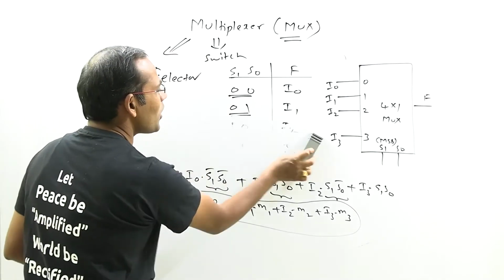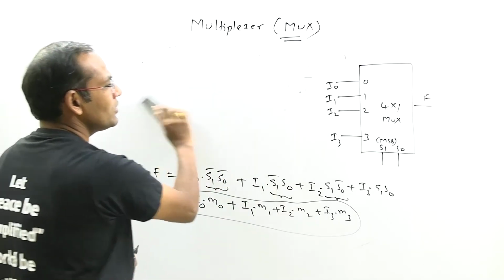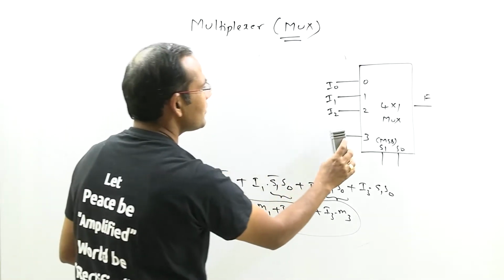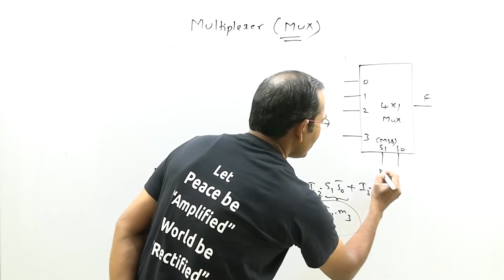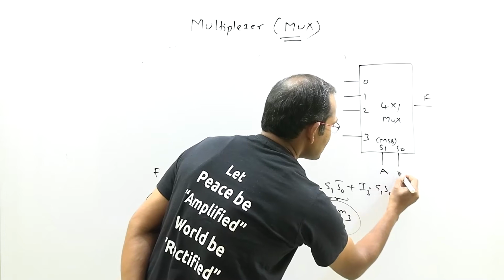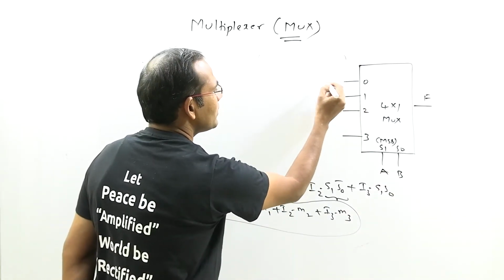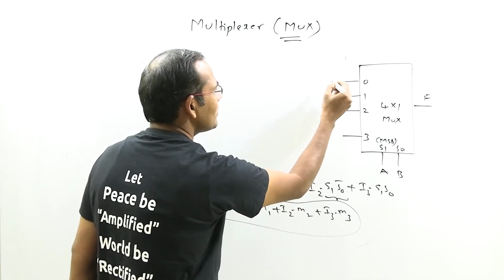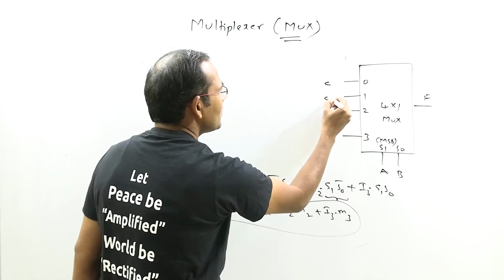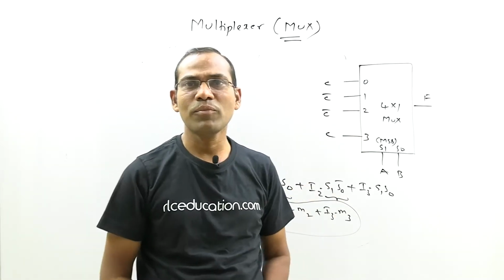Now we'll see some problems based on multiplexer. Suppose S1 S0 are AB, and here the inputs are like this. Let us assume, I am taking some example.